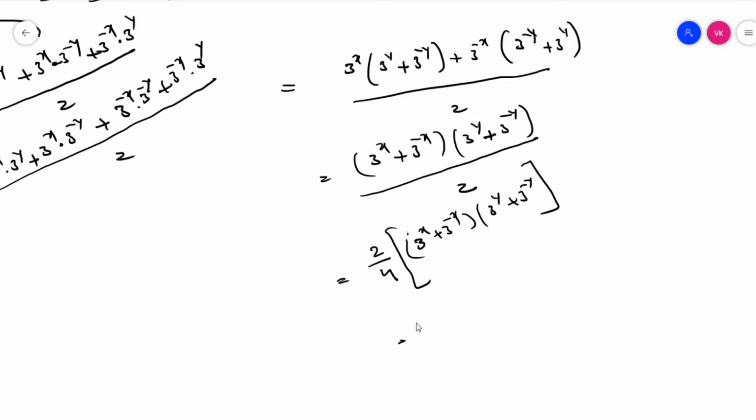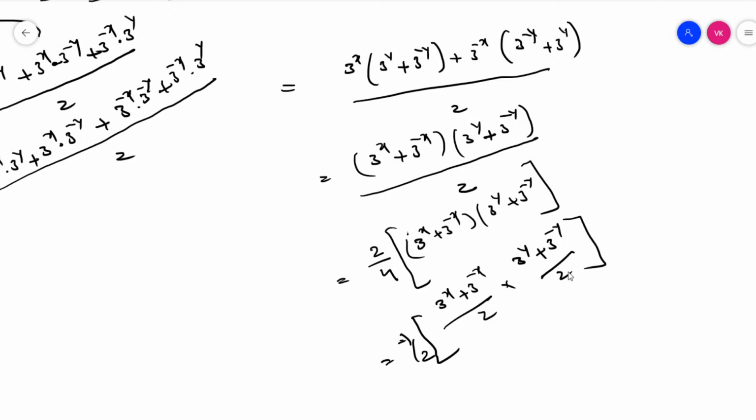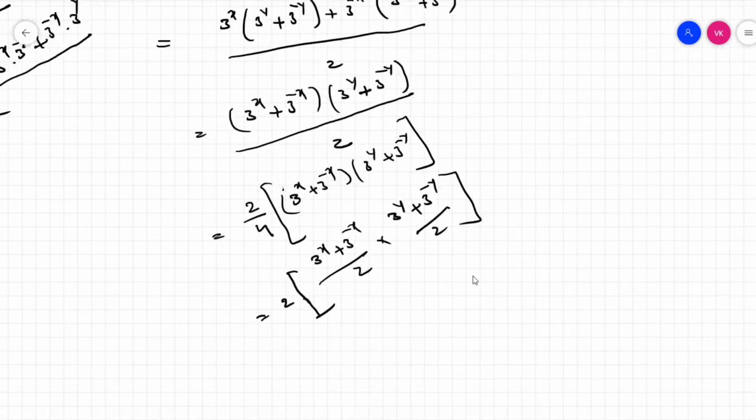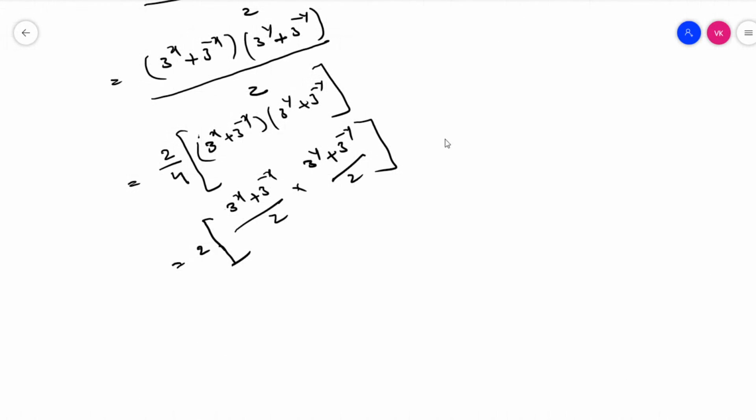Then I can write the denominator of 4 as 3 power of x plus 3 power of minus x by 2 into 3 power of y plus 3 power of minus y by 2. Here we have to write 2. That means denominator 4 is taken inside. Okay, finally we got it. Let's go for the question.